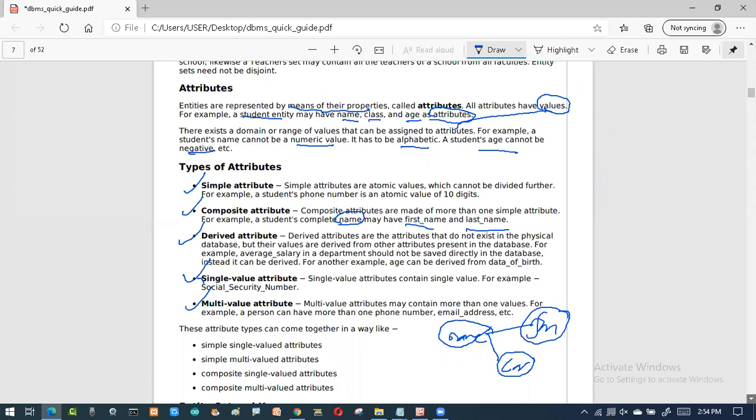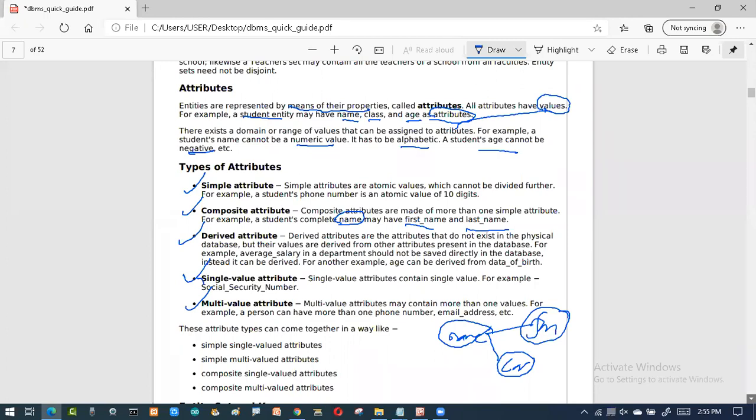Then coming to the derived attribute. When I say derived attribute, that means one attribute depends on some other. If this depends on this one, then we call it a derived attribute.